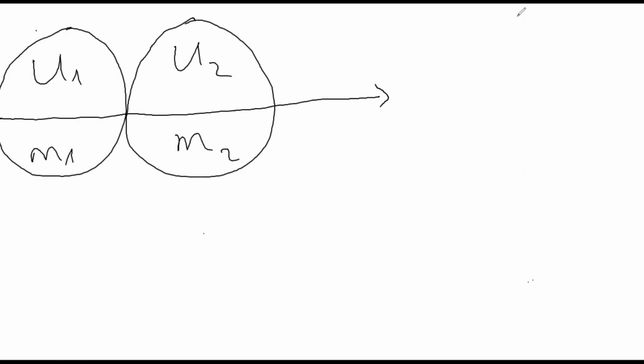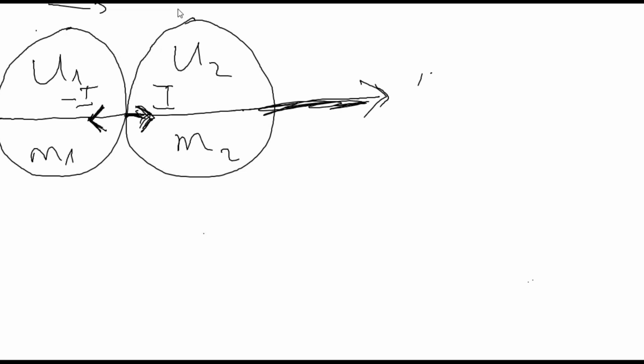Then during collision, if you assume that they are moving like this or anyhow, we must not know the direction. The impulse on sphere 2 will be I, and the impulse on sphere 1 will be negative I, because we have chosen this direction. So impulse in this direction will be positive and impulse in this direction will be negative.